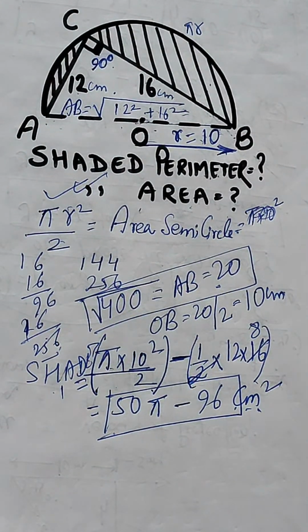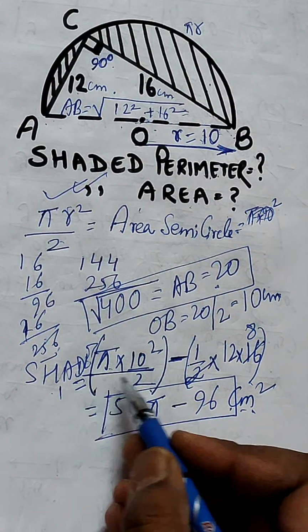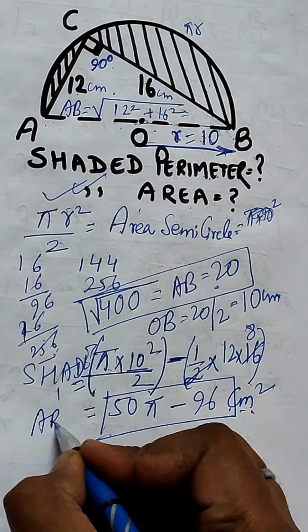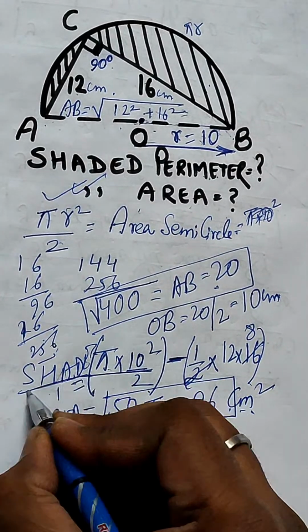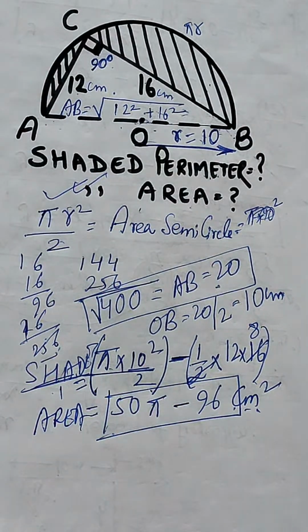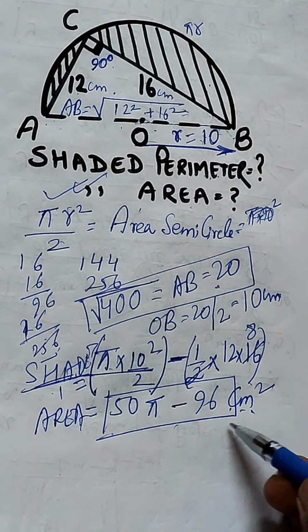Now, this is the shaded area, the area which is shaded. This is calculated as 50 pi minus 96.